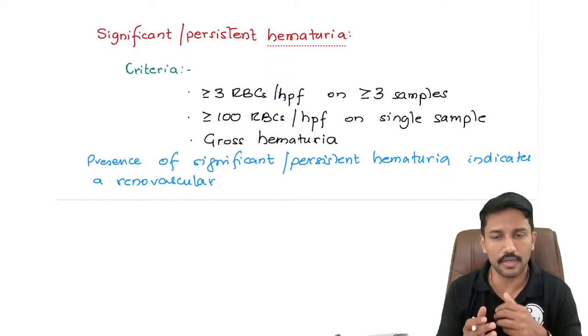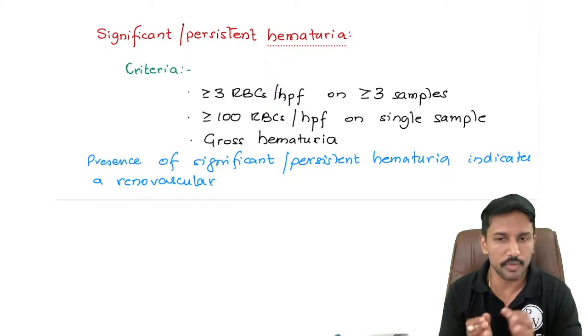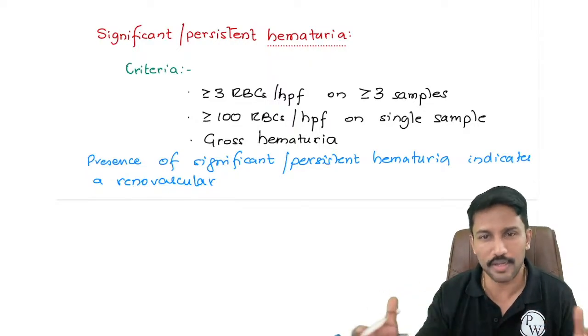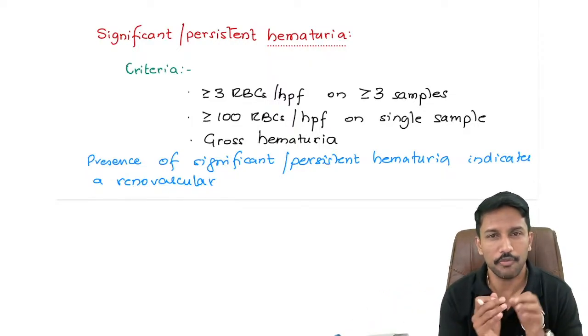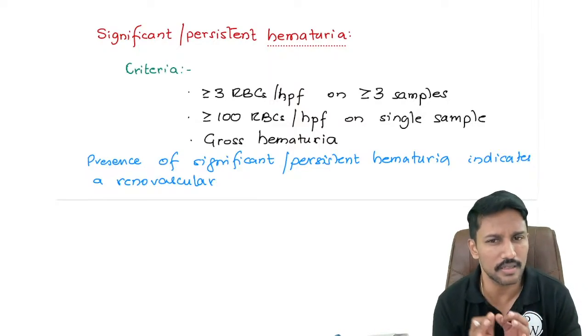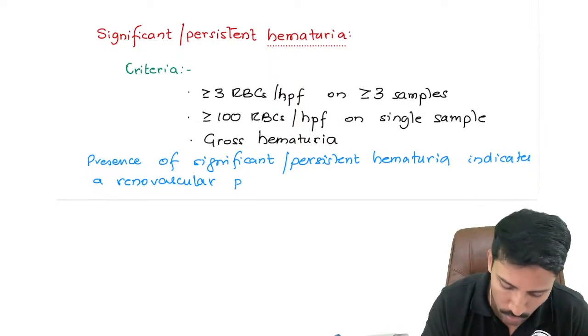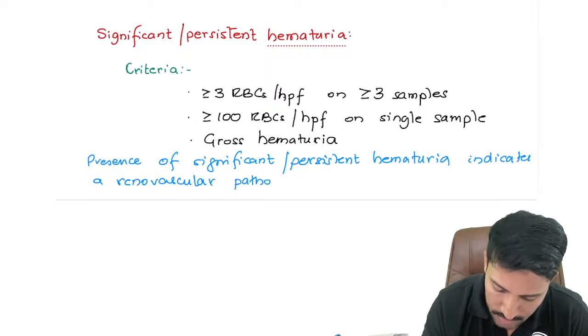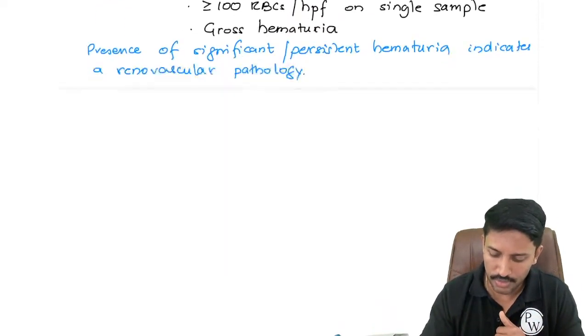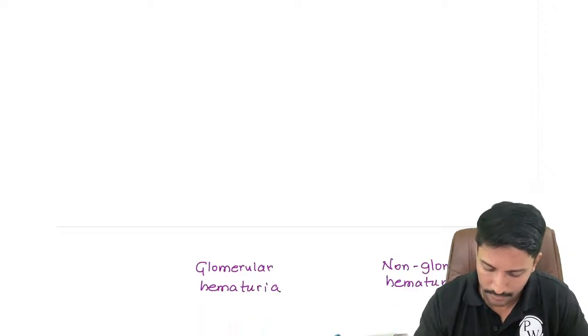Just I have told you that after exercise or intercourse, people can have hematuria. So a single hematuria is not always pointing towards a pathology. But if you have persistent hematuria as defined by these criteria, you must be having a renal or renovascular pathology, kidney or blood vessel pathology. That is why it is the significant or persistent hematuria cases that call for the investigation.